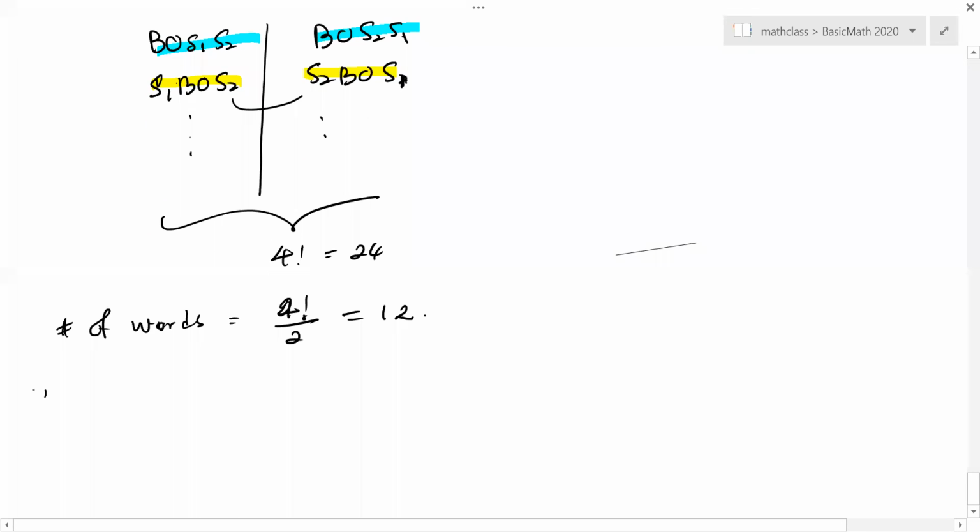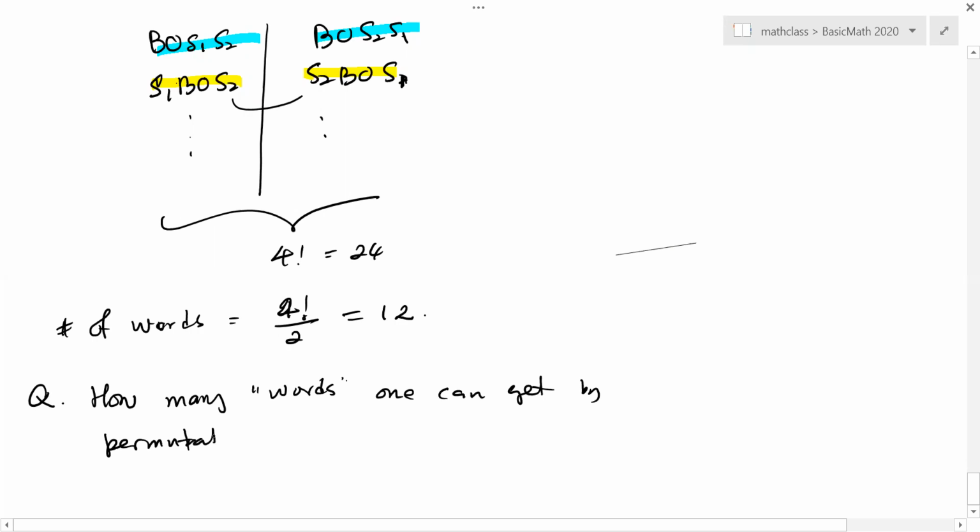However, if I increase the numbers, consider the number of words one can get by permuting the letters in the word BOSSS.